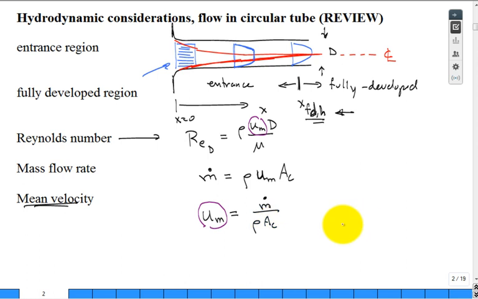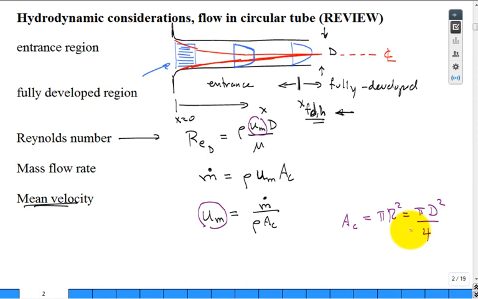All right, exactly what is A_c? What's that c on the A for? Cross-sectional area. How big is the pipe of diameter D? What's the cross-sectional area? It's pi r squared or pi d squared divided by 4, isn't it?